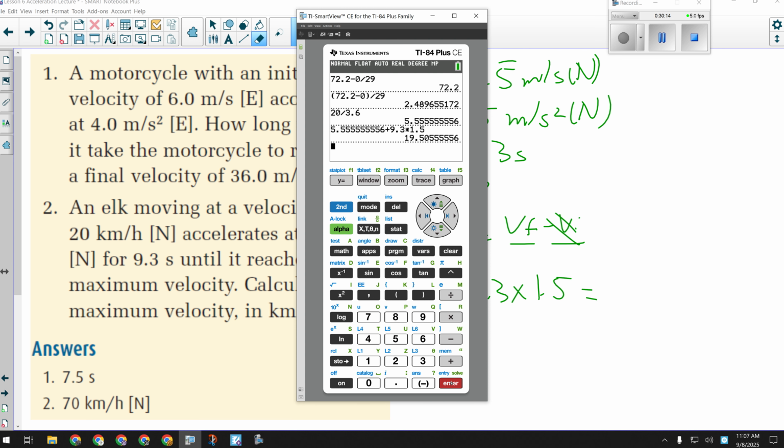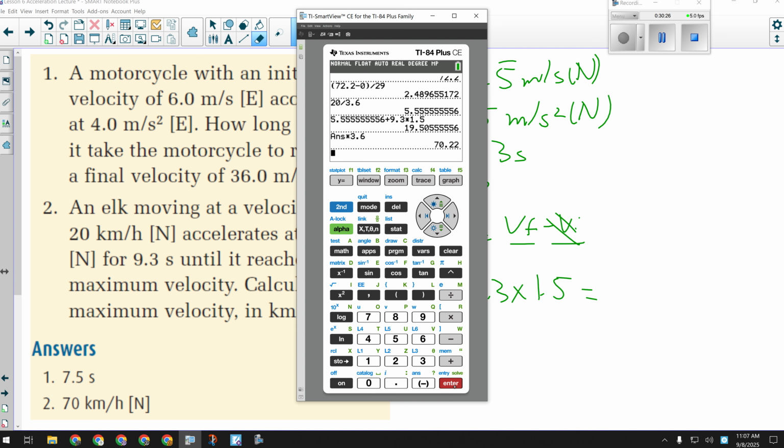That gives me 19.5, but that's in meters per second. Now I want it to go back to kilometers per hour. So I multiply by 3.6 to 2 significant digits. I've got 70 kilometers per hour. Okay, everybody all right with that?